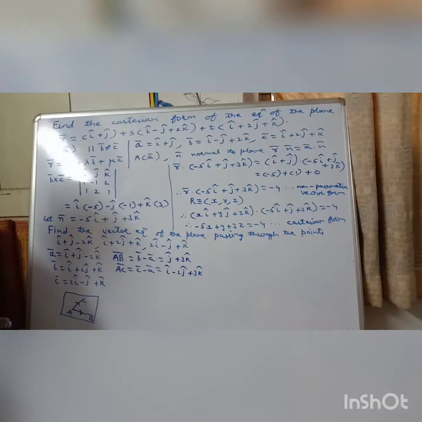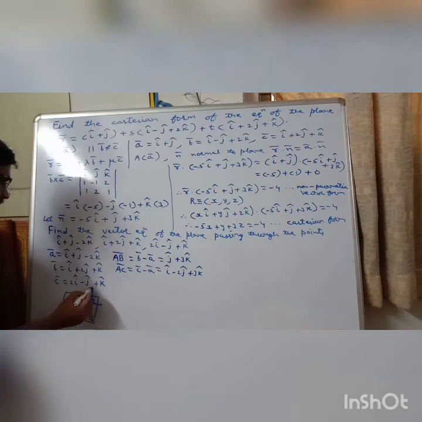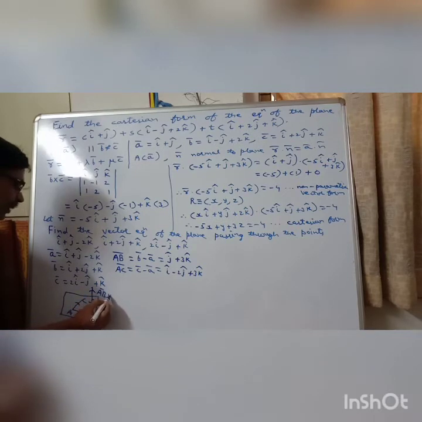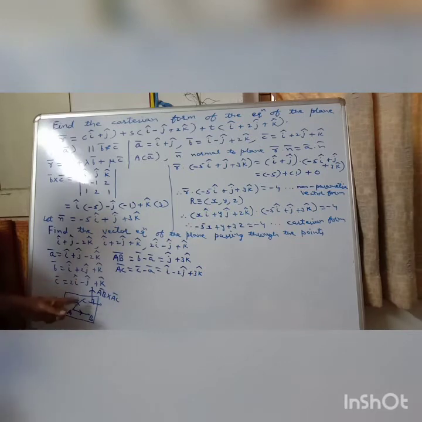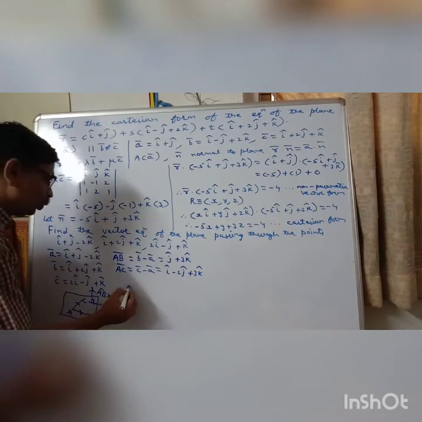Now we want a vector normal to the plane, perpendicular to the plane. AB bar and AC bar are two vectors in the plane. Their cross product is a vector which is perpendicular to the plane. So find the cross product of the two vectors.